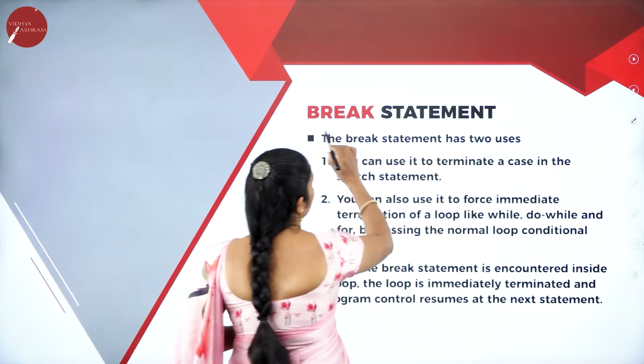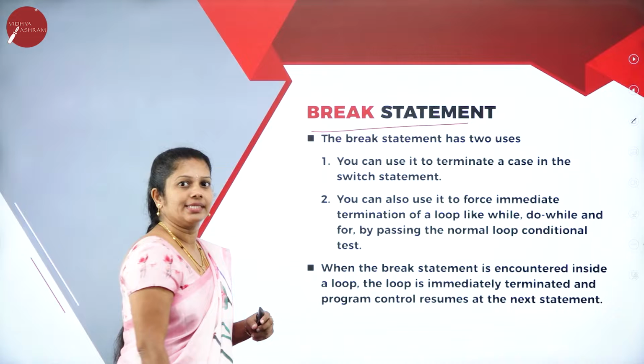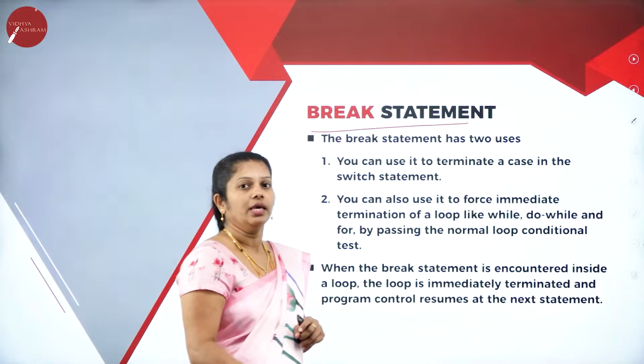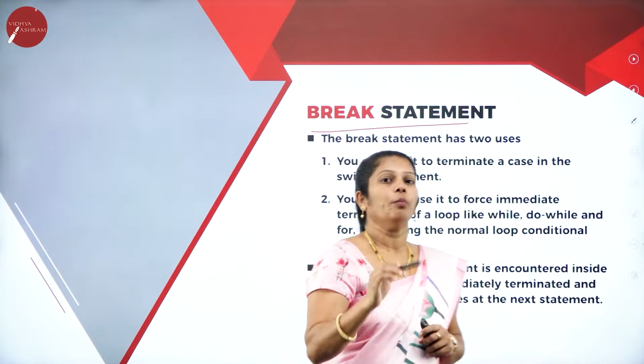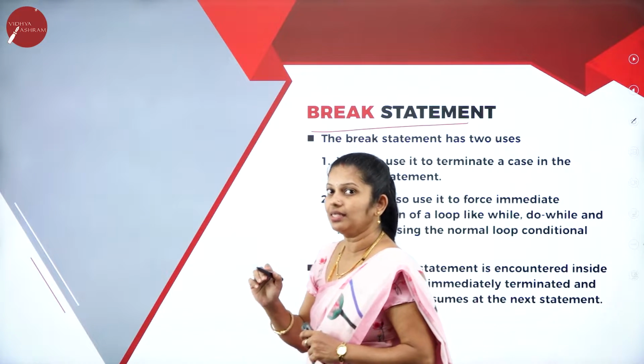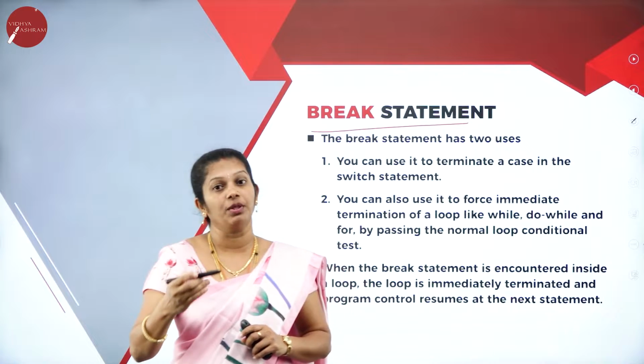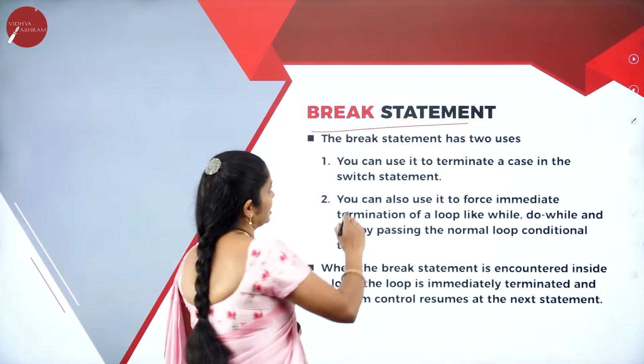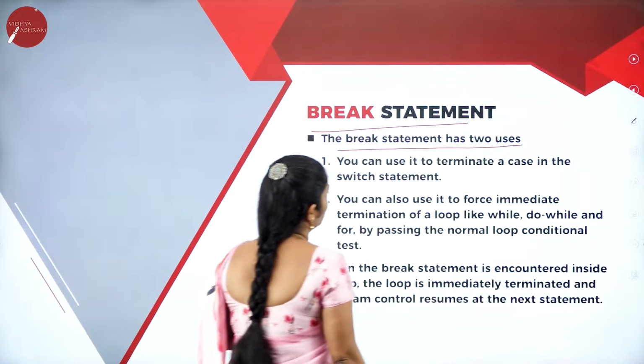First we'll discuss the break statement. What exactly will the break statement perform? The break statement helps to break the loop especially. But when it comes to exit, we are coming out from the program itself. The break statement has two uses.